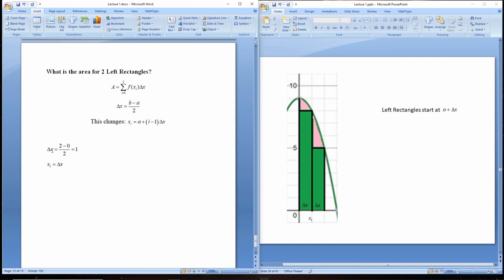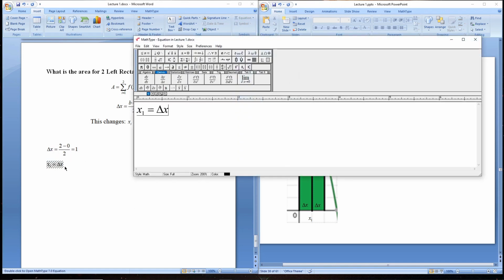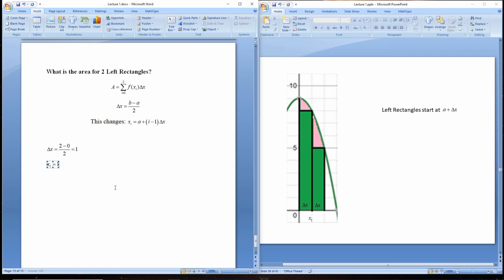So now that we have delta x, we know what x sub 1 must be. It must be 1, because that's what delta x is. So now that we have x sub 1, what is x sub 2 right here? Well, x sub 2 is delta x away from x sub 1.